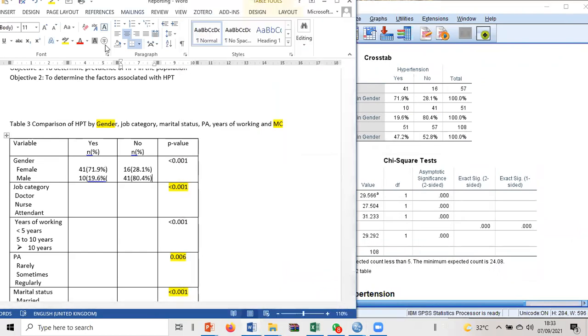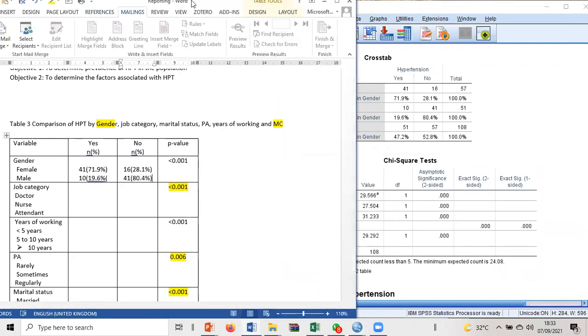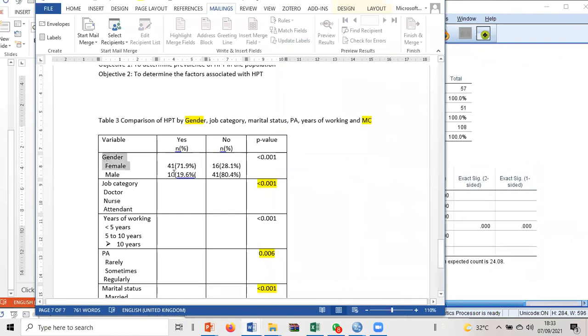All right, so what do you see now? Factors associated with hypertension. Is gender associated with hypertension? Is there an association between gender and hypertension? Yes, the p-value. When you say there is an association, what's the next question?